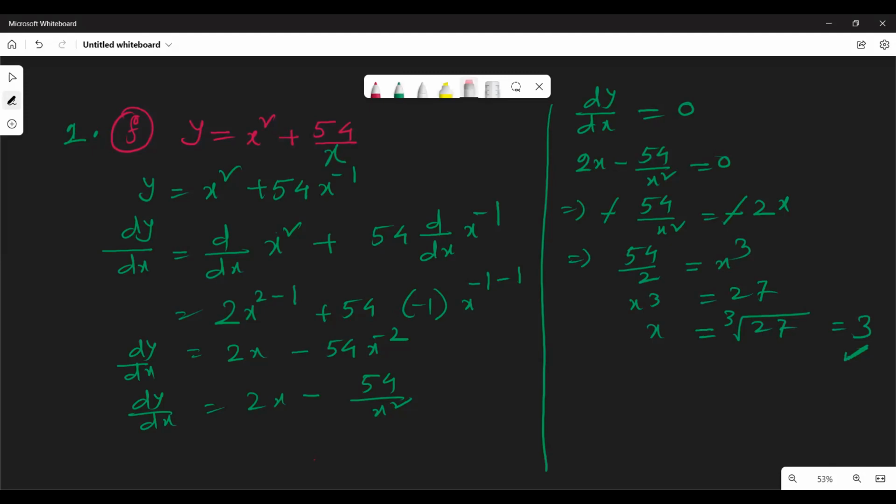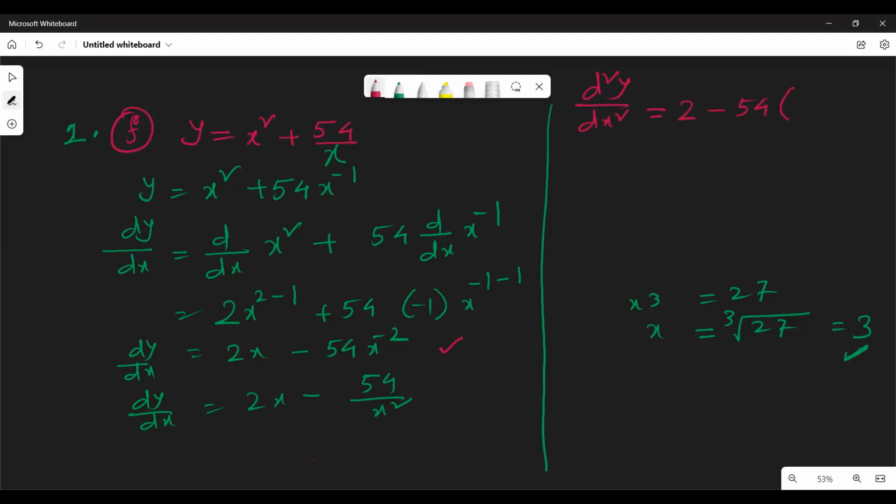Now we have to find out whether the stationary point is maximum or minimum. So we have to differentiate dy by dx again with respect to x. So what will we get? We'll get d square y by dx square equals to 2 minus 54 times minus 2 x to the power minus 3. Minus multiplied by minus is plus, so 2 plus 108 x to the power minus 3.